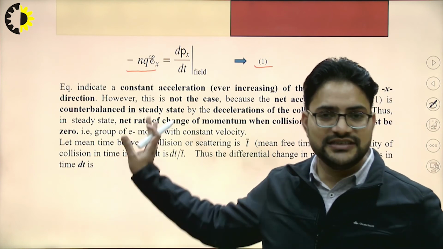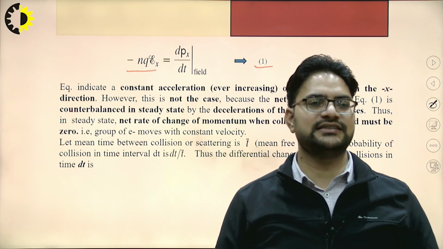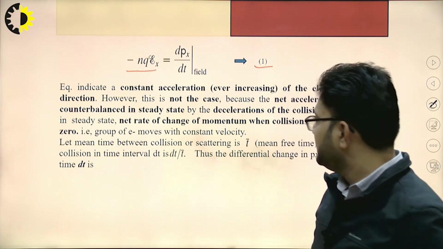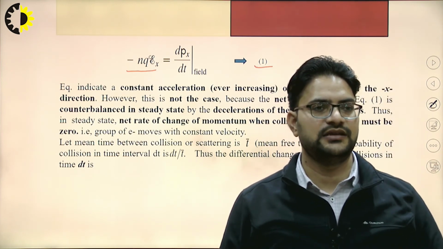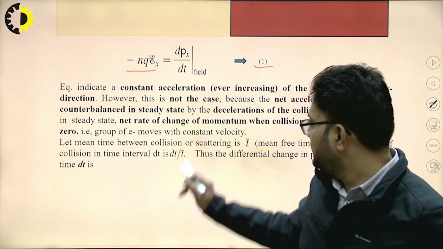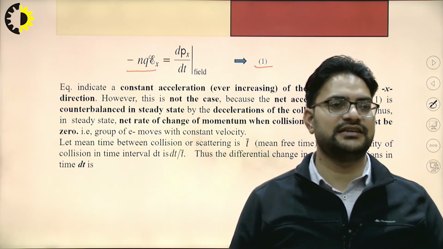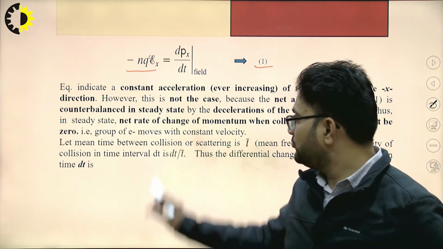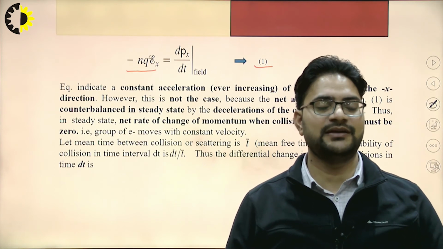what does this equation signify? It says there is a constant acceleration of the electron in the minus x direction, right? But this is not the case, because the net acceleration is counterbalanced in the steady state by the deceleration of the electron.